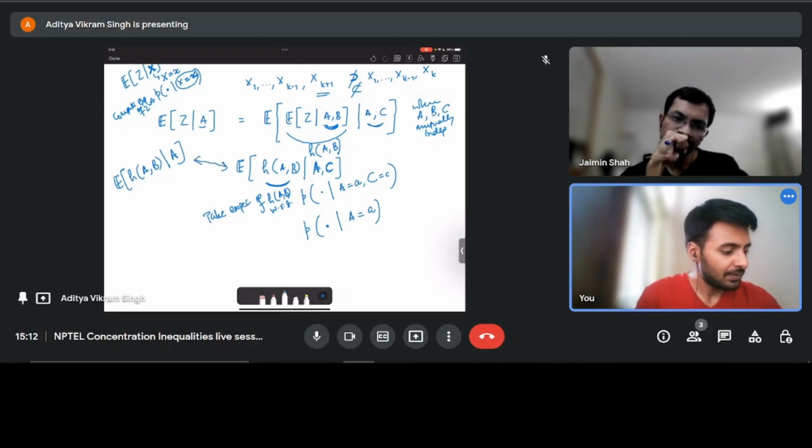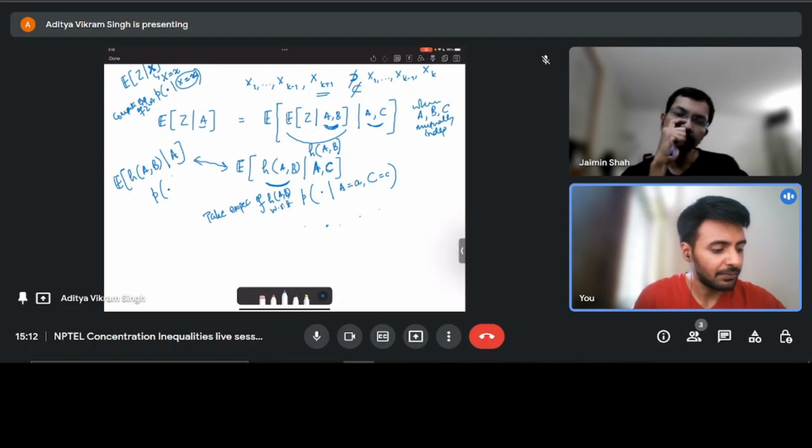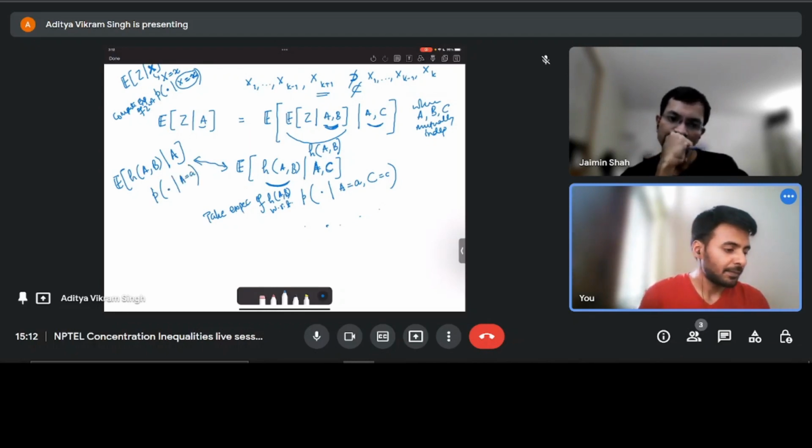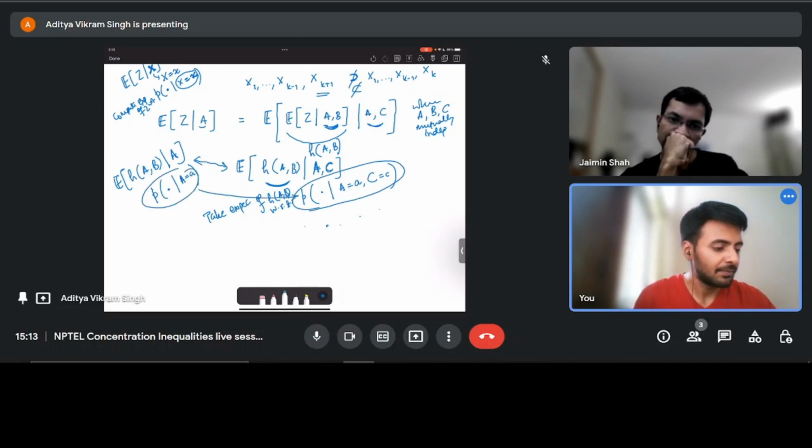Here you take the average where a is equal to a. And since a and c are independent, these two probability distributions will be the same. This is basically what we mean by independence.